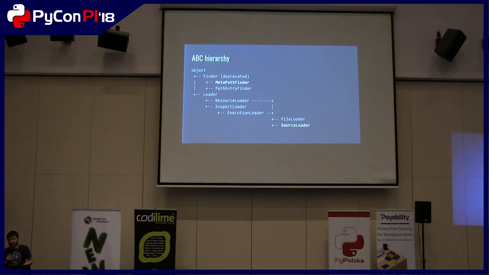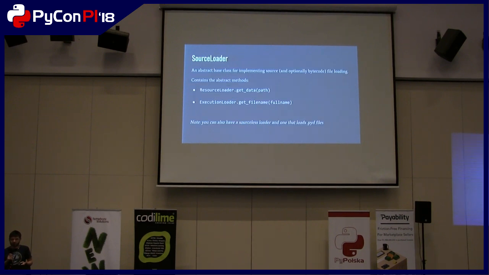And for the loader part, we can use the SourceLoader, which is a class for implementing source file loading. The two methods that you have to implement are get_filename, which takes the canonical name for the module and returns the virtual or not file name that will contain the code to be executed.